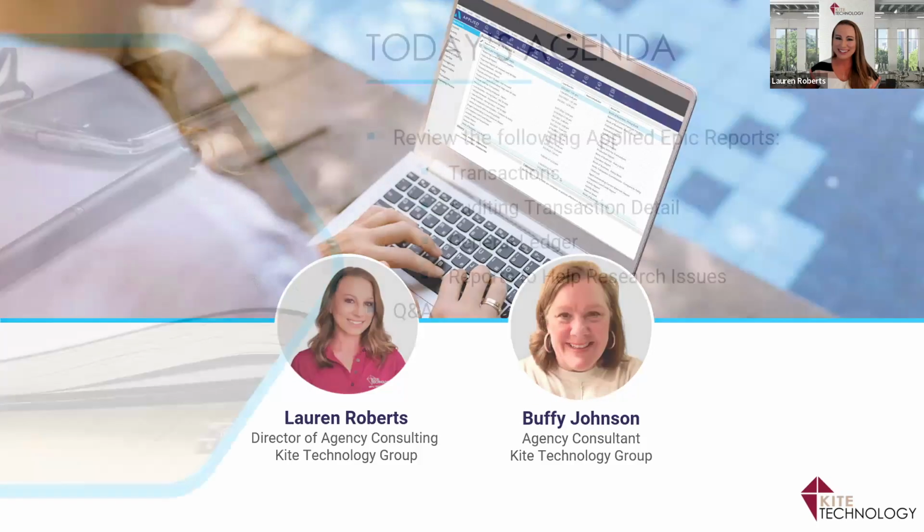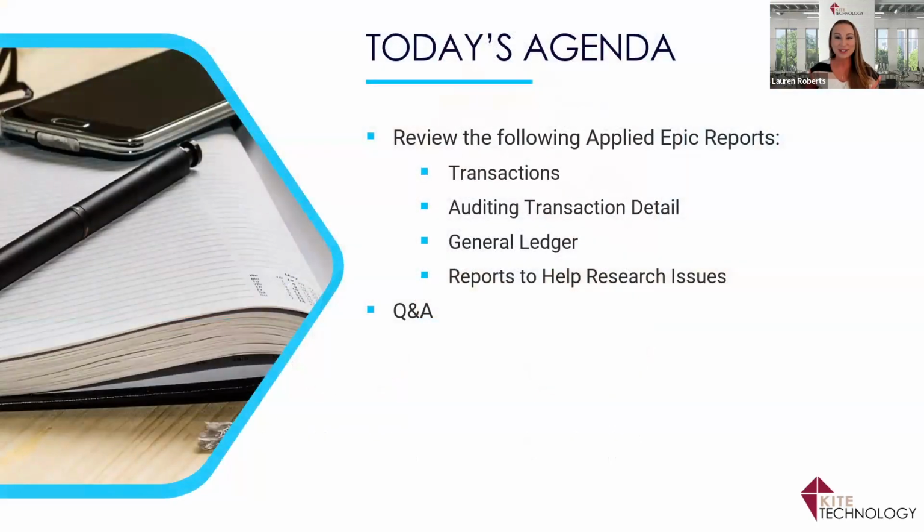Thank you, Buffy. All right, so let's talk a little about today's agenda. In this session, like our other sessions that we presented on reports, we are going to go over the areas in Epic for the reporting for accounting, mainly transactions.